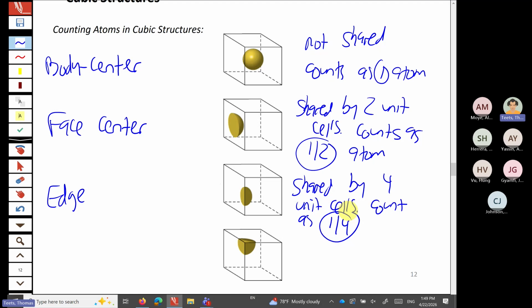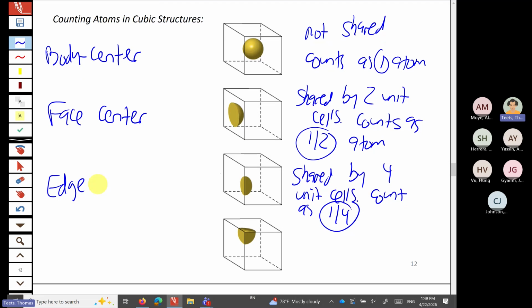Count as 1/4. And then the last possible position we can put is the corner of the cube. Now this is pretty much always going to be occupied, as it turns out, but it's the last one we're covering because it's probably the one that's hardest to visualize. If you have cubic blocks at home or you have small children in your life that you can share with, you can verify this for yourself.